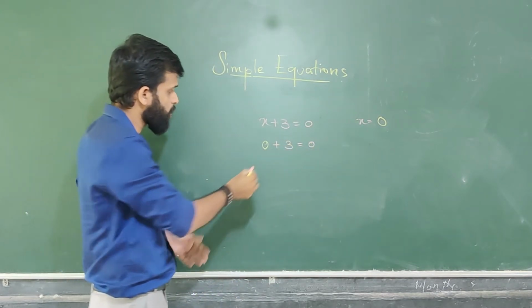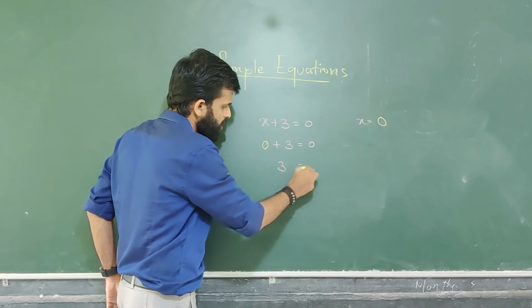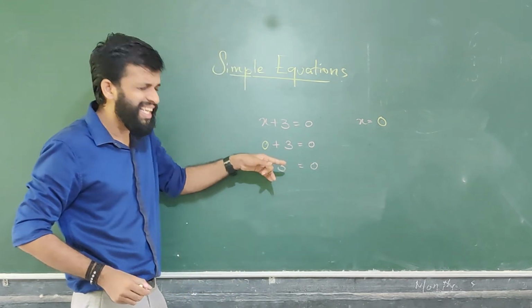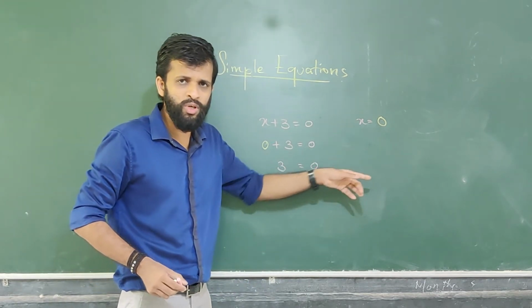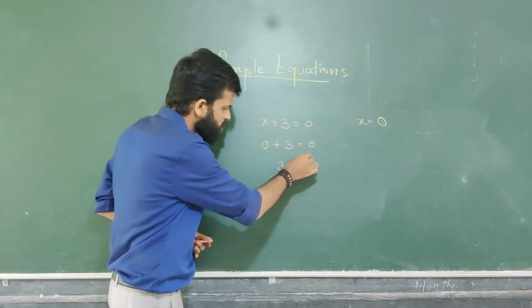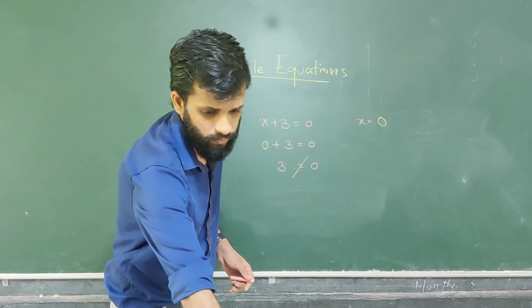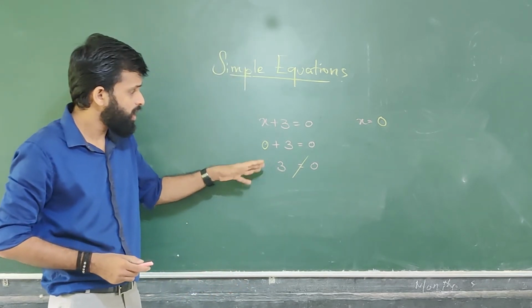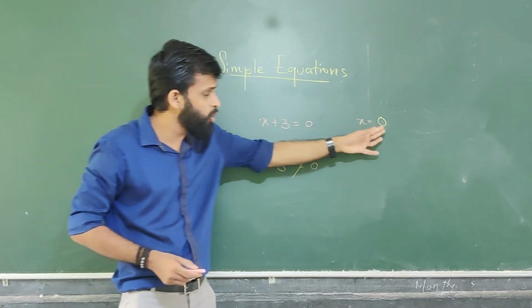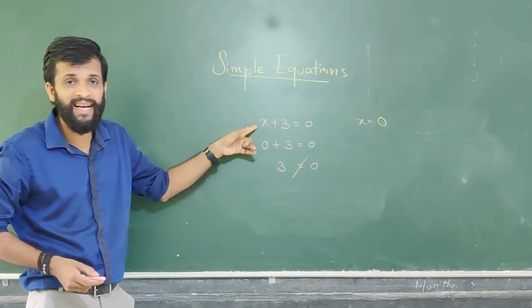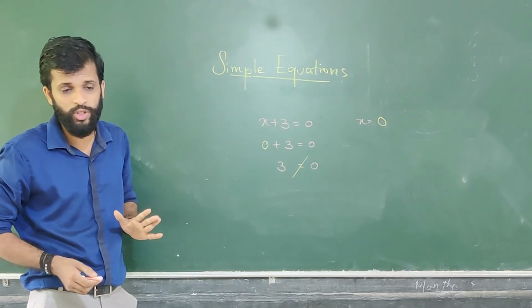And the answer that you are going to get is 3 is equal to 0. Is 3 actually equal to 0? Not equal, right? So I will write not equal. So here again, 0 does not satisfy the given equation.